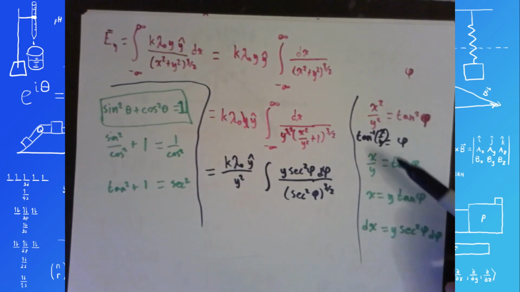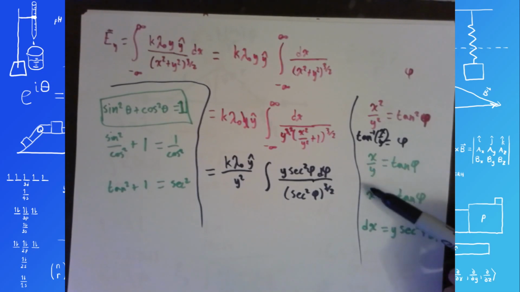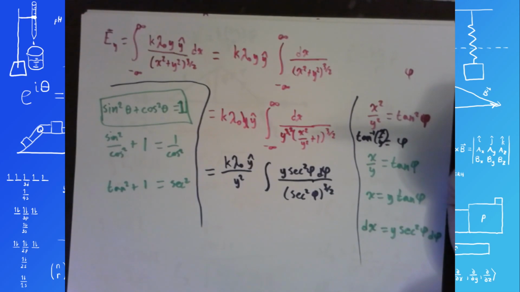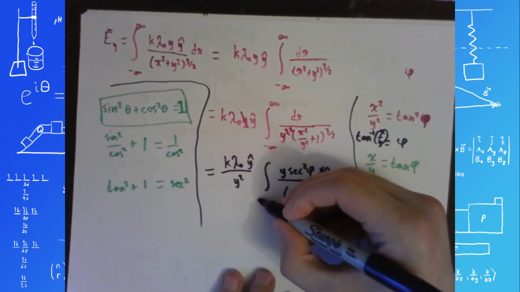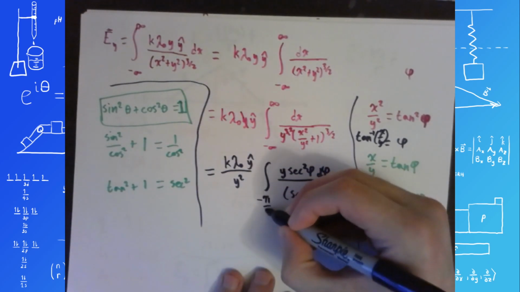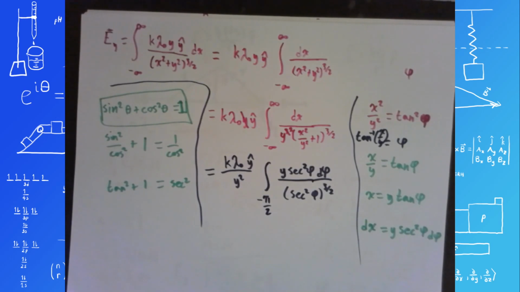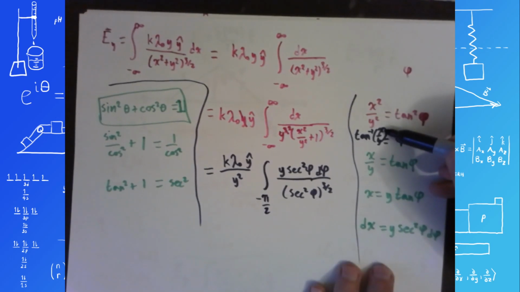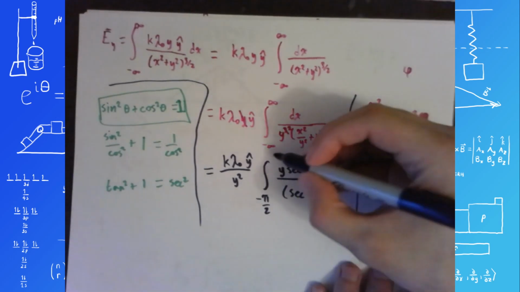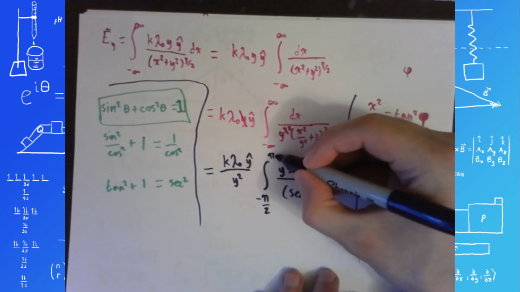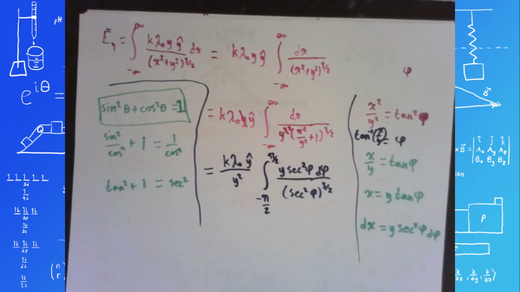So inverse tan of negative infinity over a constant would be, let's see, that would be negative pi over 2. Negative pi over 2. And inverse tan of positive infinity over y would be positive pi over 2. So that takes care of our integration bounds.